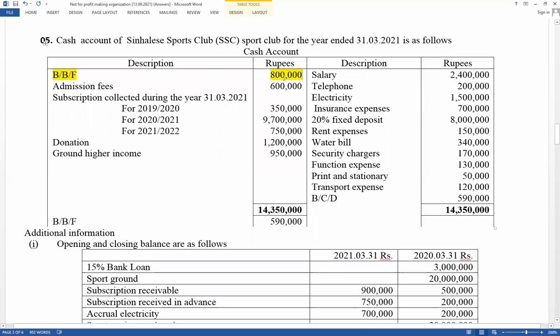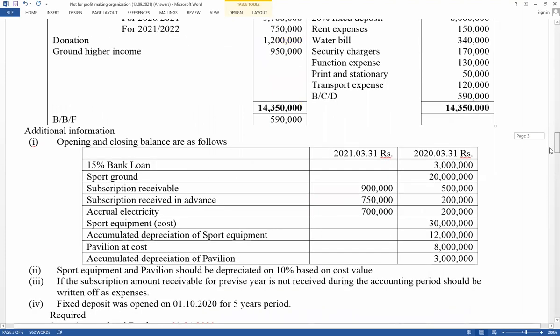Accumulated fund calculation. Therefore, think cash opening balance equals 800,000. Assets should be included. Opening assets minus opening liability equals opening accumulated fund. Therefore, opening balance 800,000 should be included.